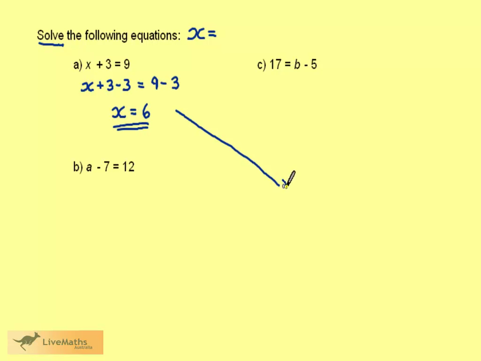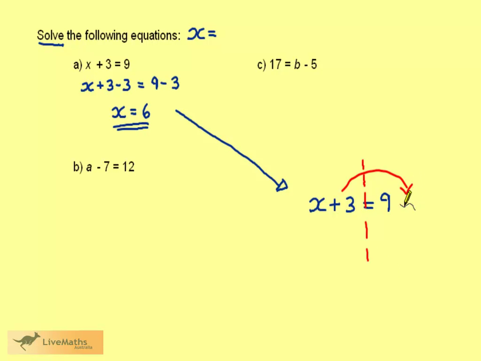Another method commonly used is the magic curtain or float and ping method. We'd start with x plus 3 is equal to 9, and the equal sign is viewed as a magic curtain. We don't want the 3 on this side of the equation.